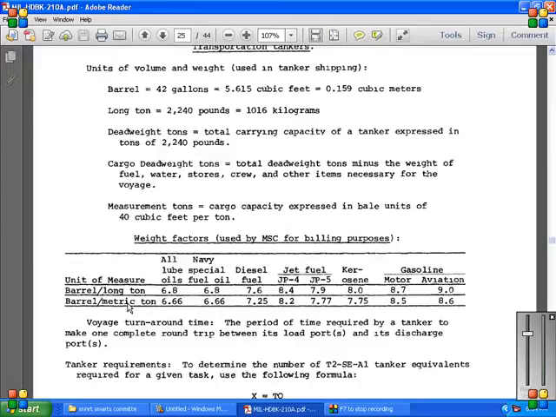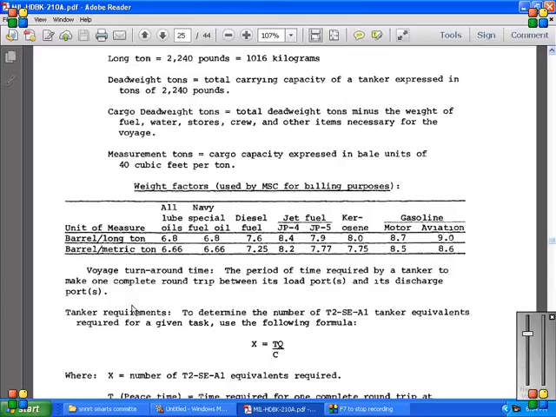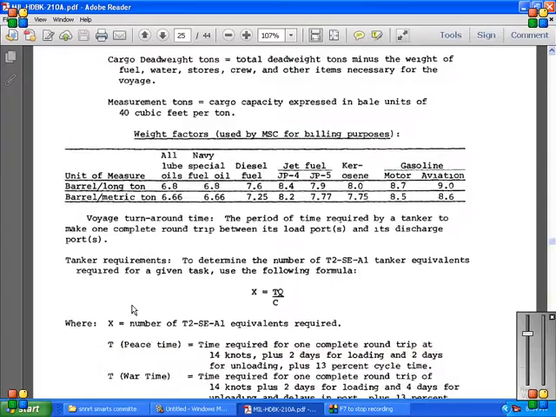X equals TQ over C, where X is the number of T2-SE-A1 tanker equivalents required. T is the peacetime time required for one complete round trip at 14 knots, plus 2 days of loading and 2 days of unloading, plus 13% cycle time.